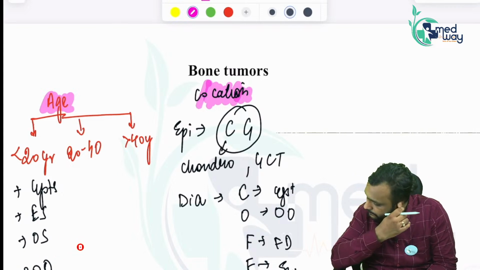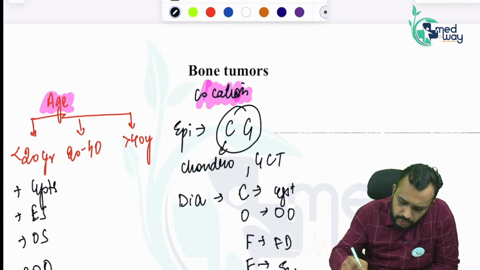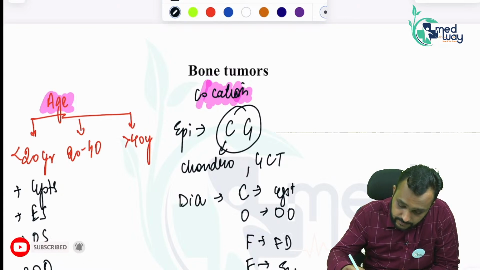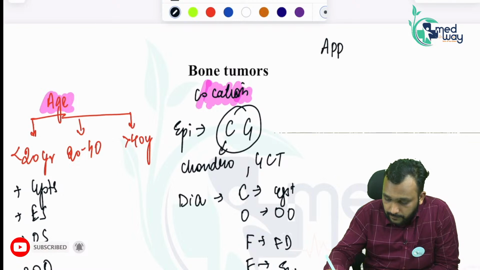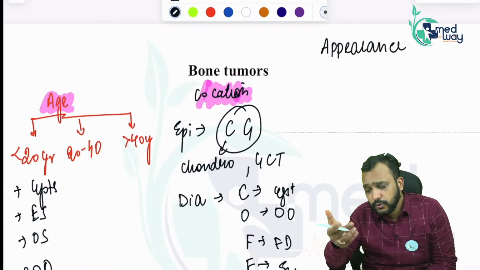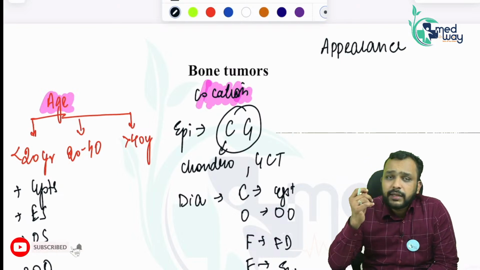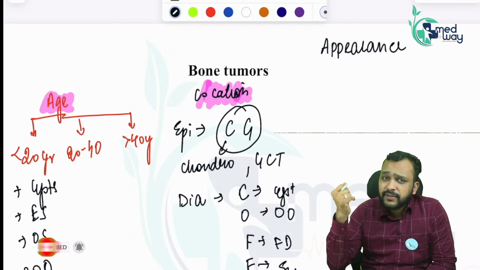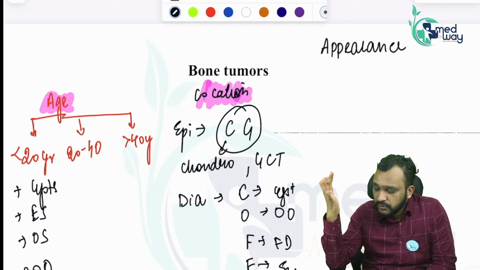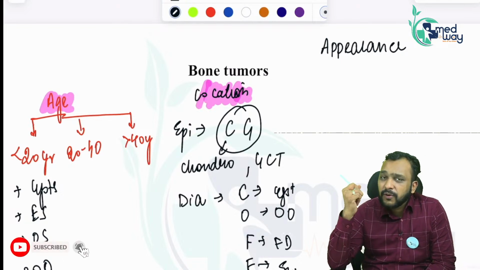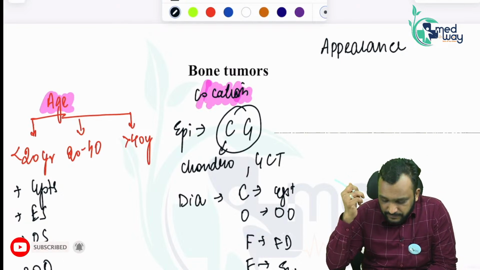Then you should also remember tumors based on their appearance, okay. So if a tumor is showing this onion peel type of periosteal reaction, you are going to think of Ewing sarcoma. If a tumor shows a sunray type of periosteal reaction, you are going to think of osteosarcoma, right?